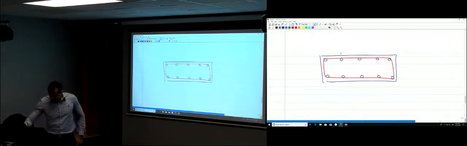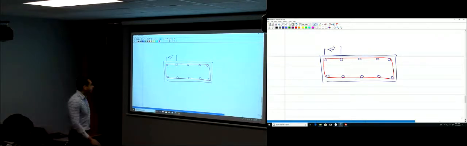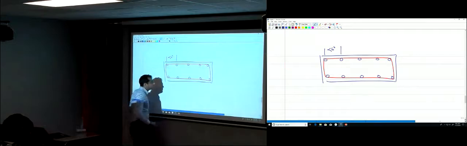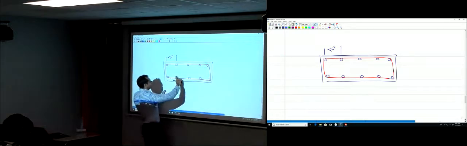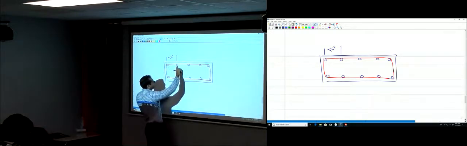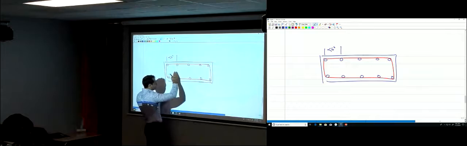If this distance is less than 6 inches, you don't need to provide the stirrup here. But you can only allow this alternate bar not to be confined by a stirrup.